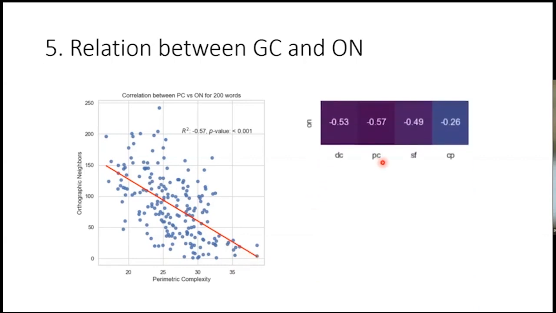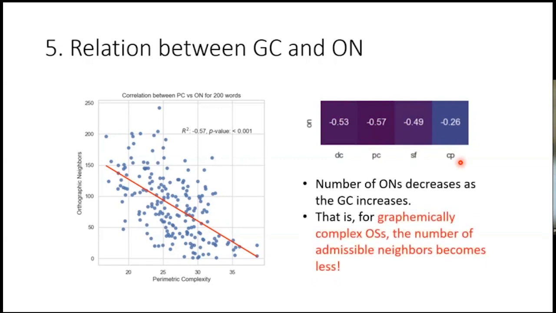And this negative relationship is seen not only with PC, but other complexity measures like disconnected components, simple features, and connected points. The number of ONs decreases. So the conclusion is ONs decrease as the complexity increases. In other words, the number of admissible neighbors reduces as the complexity of the orthographic syllable increases.